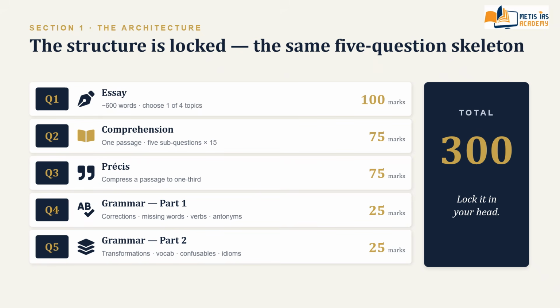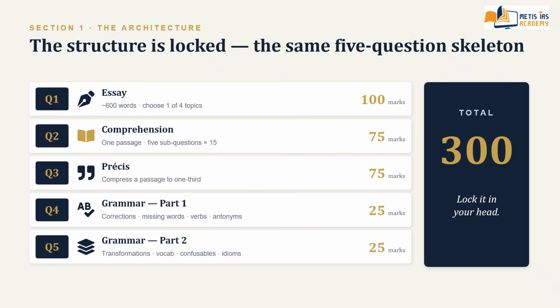In question number 1, the essay, you have to write 600 words. They will give 4 topics. You have to choose one topic and write in 600 words. That essay carries 100 marks. This is the total 300 marks. Please lock it in your head.